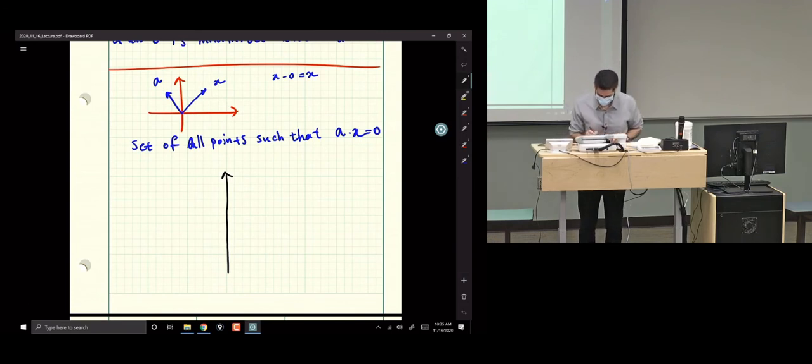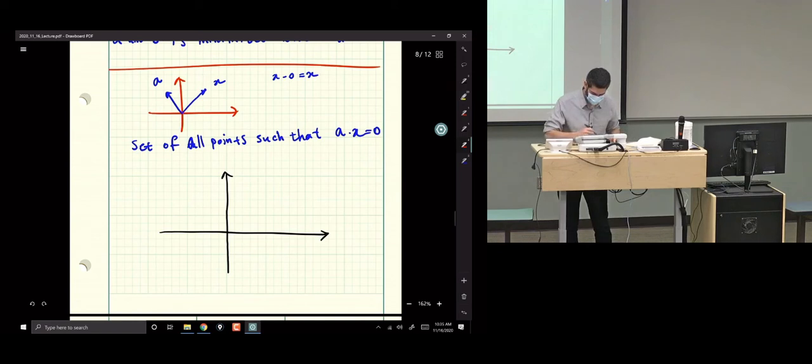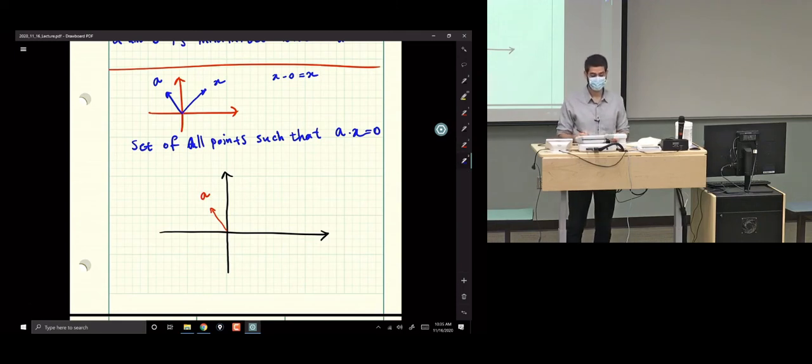I can see the line. All right, I have my vector A. What are all the vectors that will produce dot product of 0? I want to draw those points and then create a set out of it and then give it a name, which is a line. We're going to talk about it.